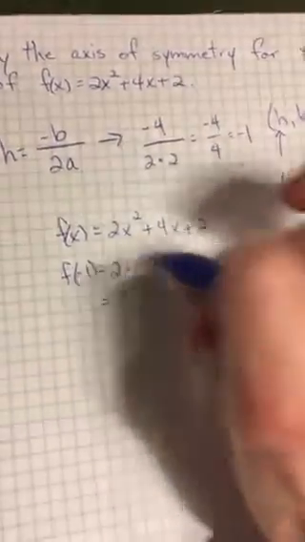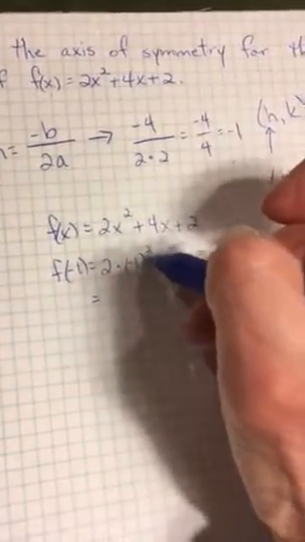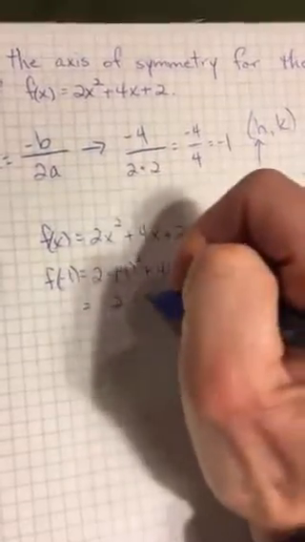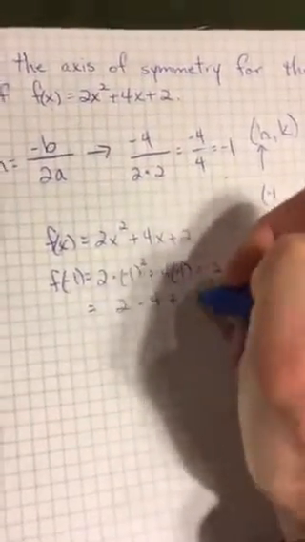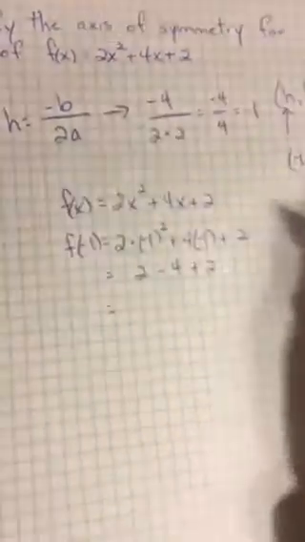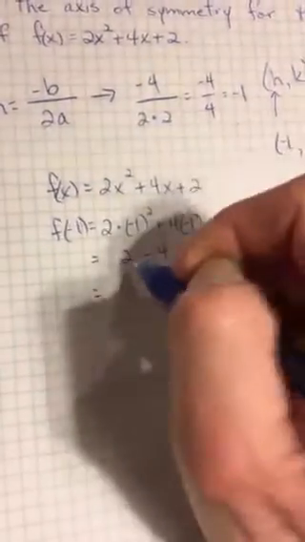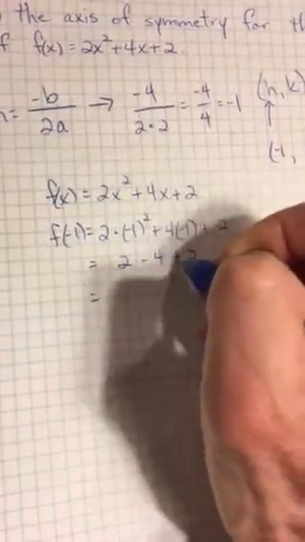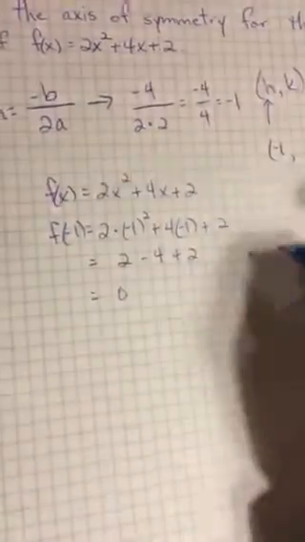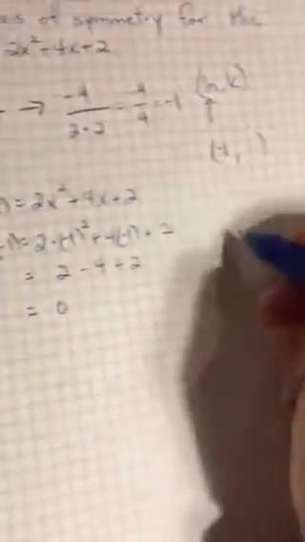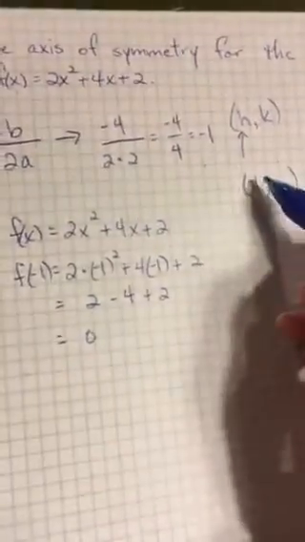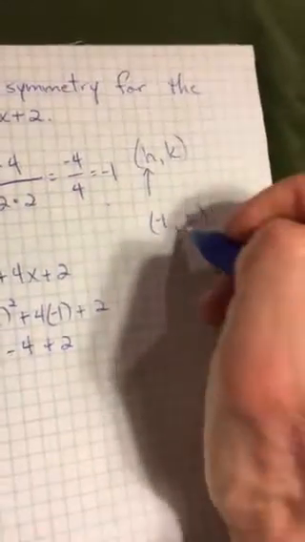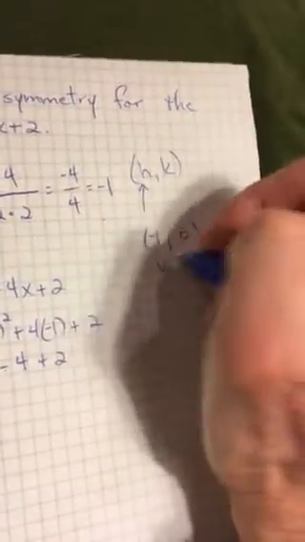Negative 1 times negative 1 is a positive 1, so we have 2 minus 4 plus 2, which equals, let's see, 2 minus 4 is negative 2, negative 2 plus 2 is 0. So when x is negative 1, our y happens to be 0. And what we found is our vertex.